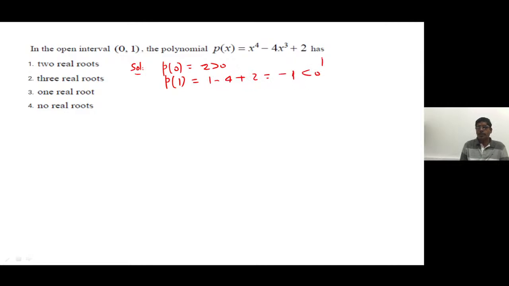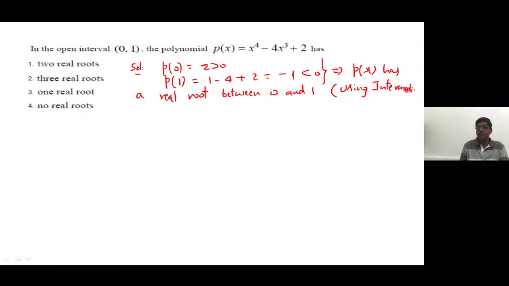From intermediate value theorem, that implies p of x has a real root between 0 and 1 using location of a root definition or intermediate value theorem. So from this one root is there.